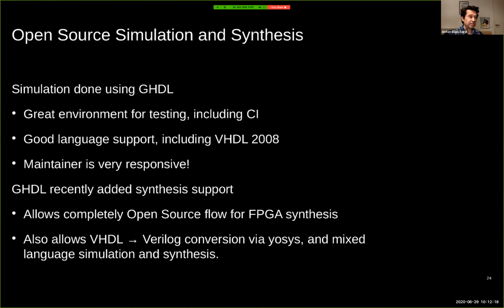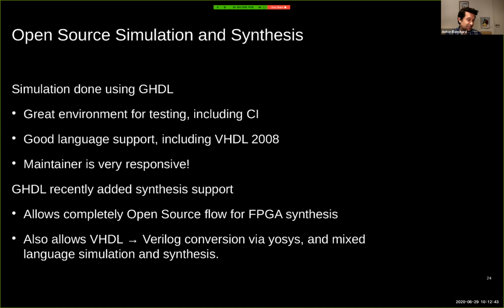So not only can we simulate now with an open source toolchain, we can now synthesize all the way to an FPGA with open source tools. And that, again, has been really useful to us. So we can now deal with a complete pipeline of GHDL feeding into Yosys and nextpnr to synthesize for these FPGAs we're working with.